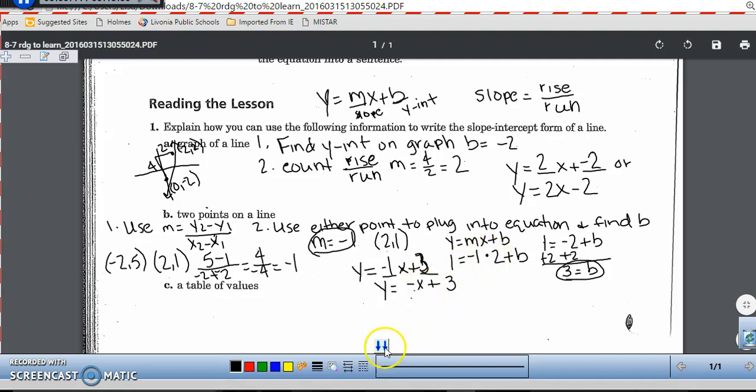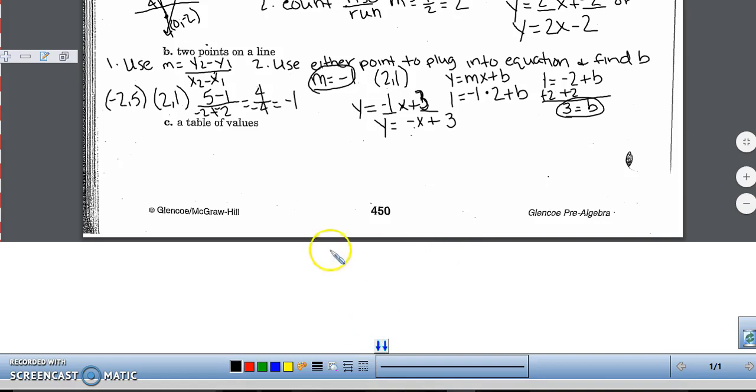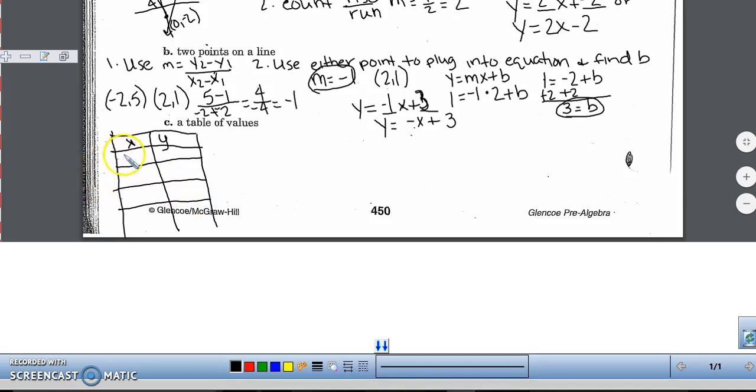Okay? Alright, last one, table of values. I have a little extra space here because I might need it. So you're going to be given a table of values. An x and a y. Okay, letters aren't too bad, but straight lines, not good. So make your table. The first point in the table is negative 5, 6.